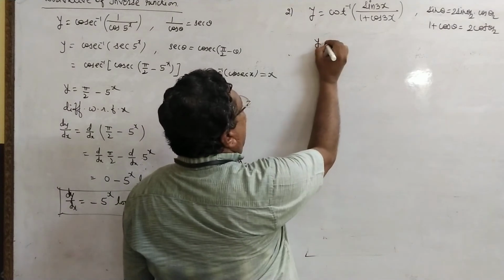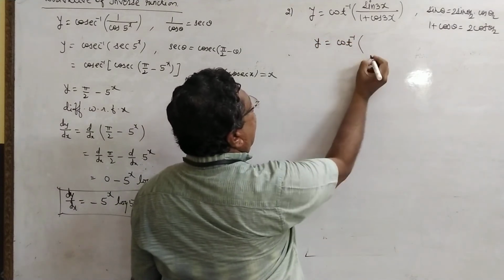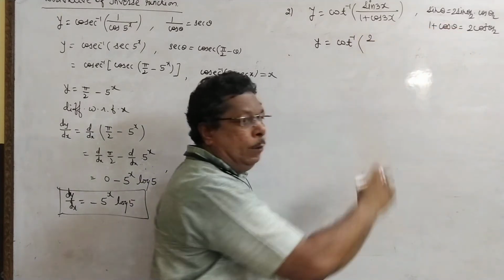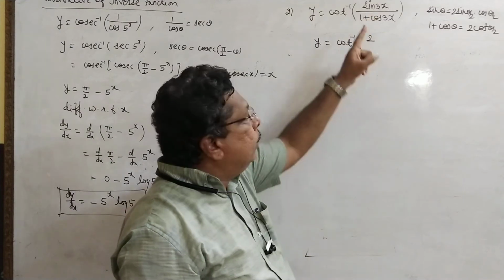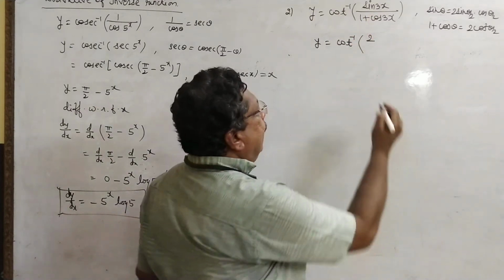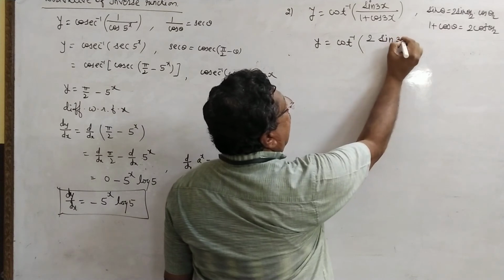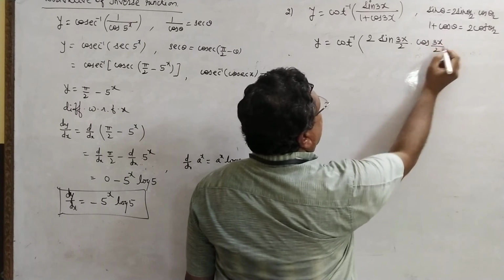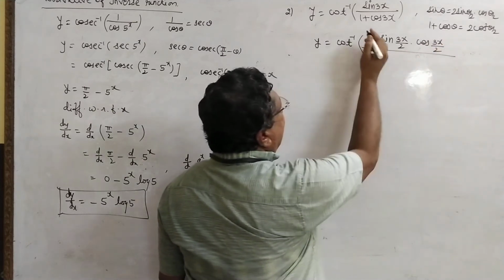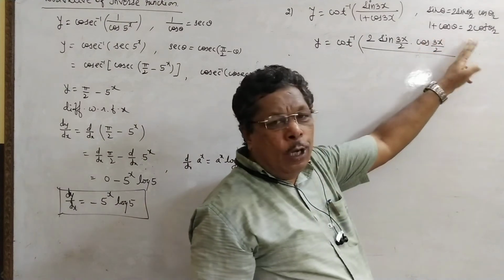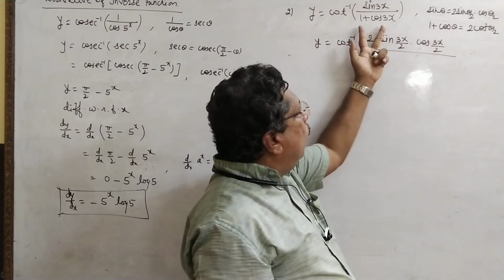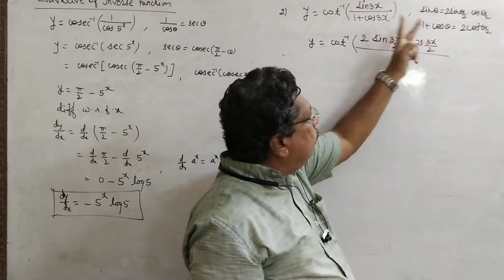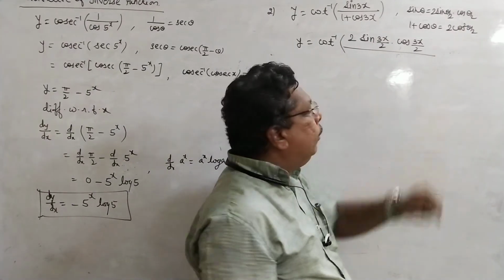So this becomes y equal to cot inverse of sin theta, which is 2 sin theta by 2 into cos theta by 2, divided by 1 plus cos theta, which is 2 cos square theta by 2. Here theta is equal to 3x. Therefore sin 3x is 2 sin 3x by 2 into cos 3x by 2, and 1 plus cos 3x is 2 cos square 3x by 2.